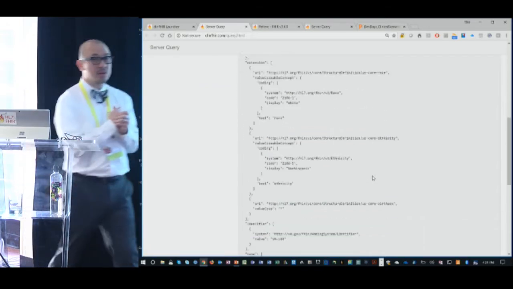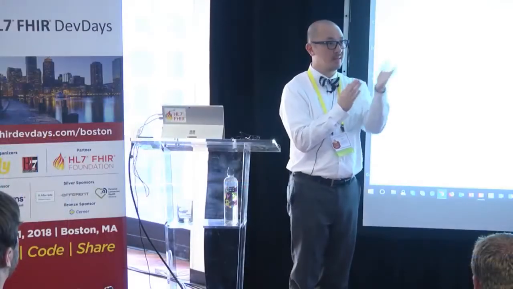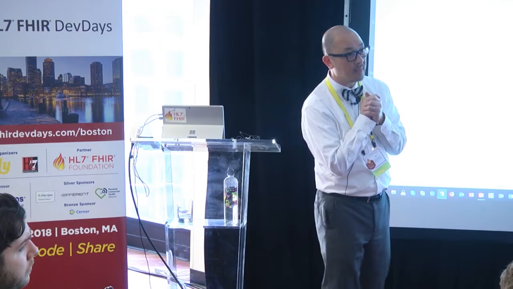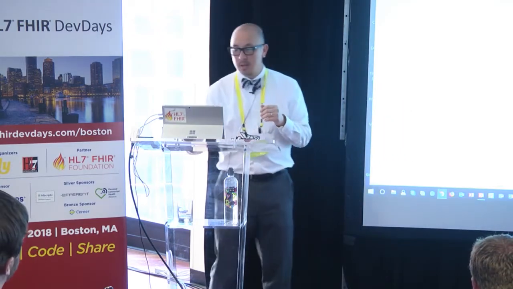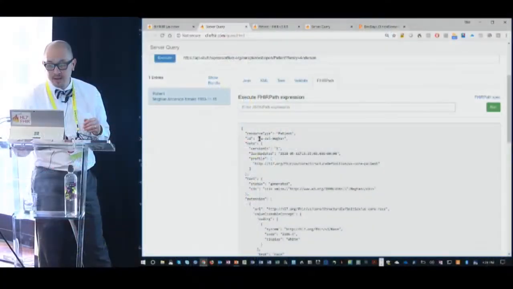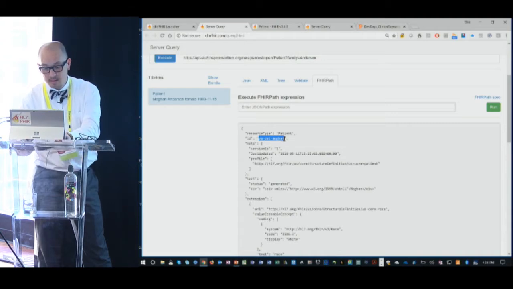So, any questions? Yes. If I have to retrieve the care plan for this patient, how would I go about it? So I found the patient, and what I would do is copy their ID. How do you want to do it?